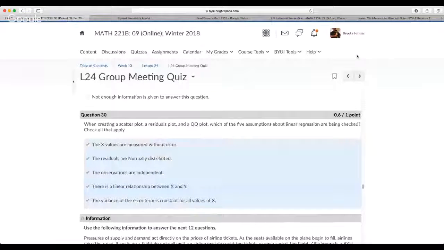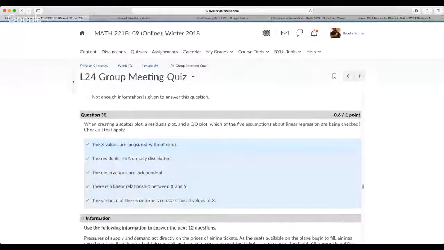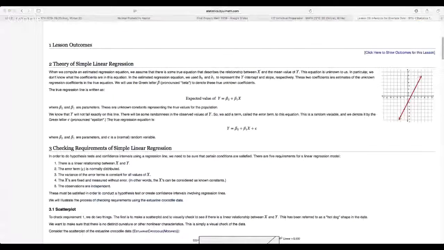The observations are independent. Yeah, seeing all 5 of these, I thought they were up here. Are you looking at my thing? These are the 5 I'm looking at. Yeah. So I can't tell you, because I was pretty confident with that one.